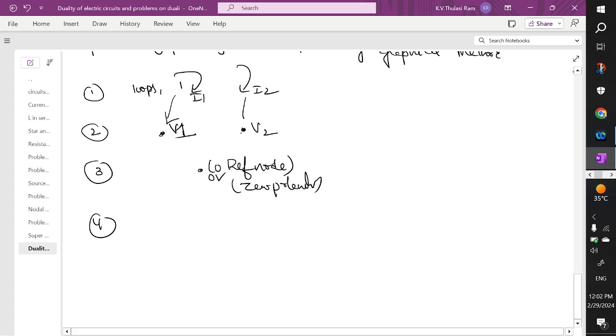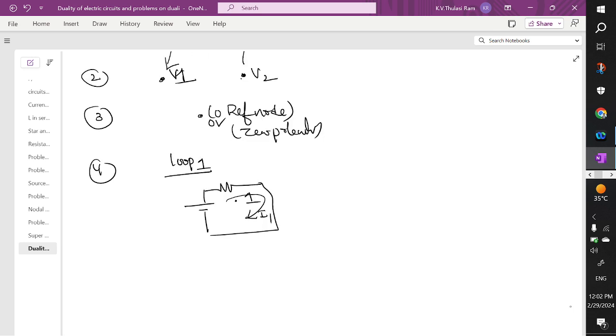Fourth point is to identify the elements which are touching loop 1. For example, you have a network like this, and you close it. This is loop I1. So when you have loop I1, identify the node as 1 and the reference node as 0.